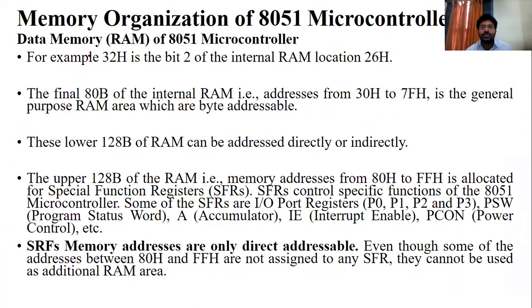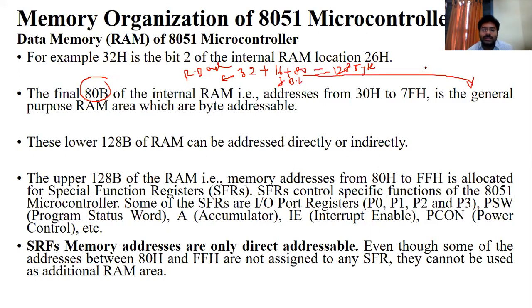Then what about the remaining 80 bytes? Remember, 32 plus 16 plus 80 is equal to 128 bytes. 32 for register banks, 16 for bit addressable registers, and 80 for general purpose register memory.